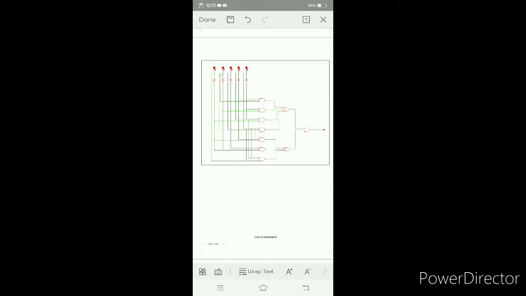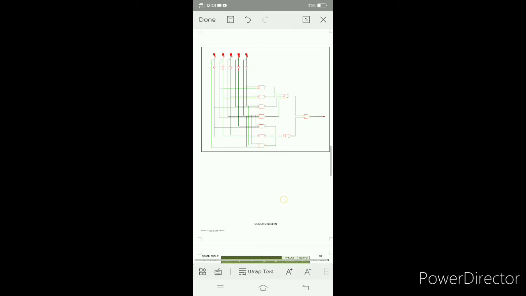So this is the circuit diagram of problem number 4 with the function f equals a b c e plus a prime c prime d prime plus c prime d prime e prime plus a prime b prime d plus a prime b e prime plus a c d plus a b prime e prime.